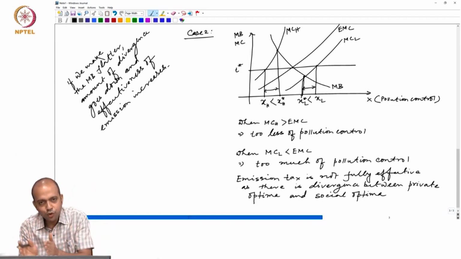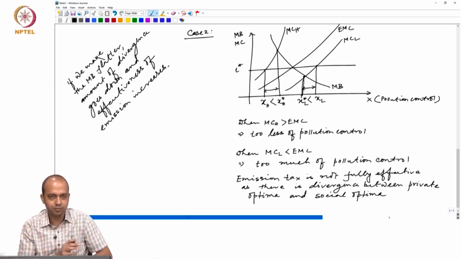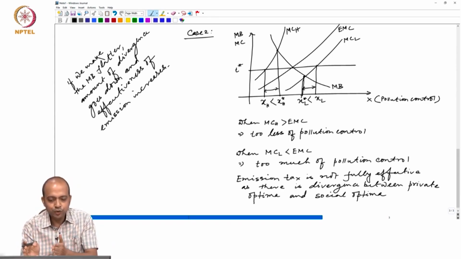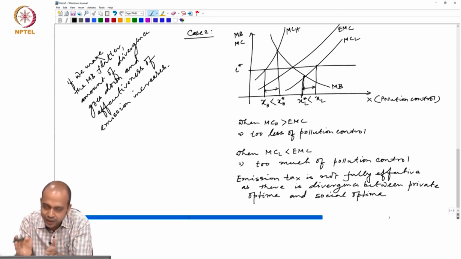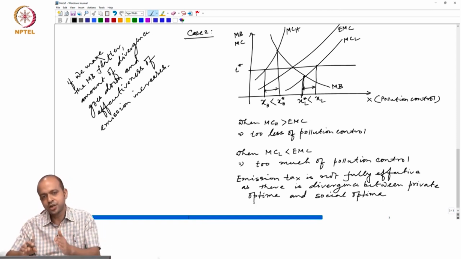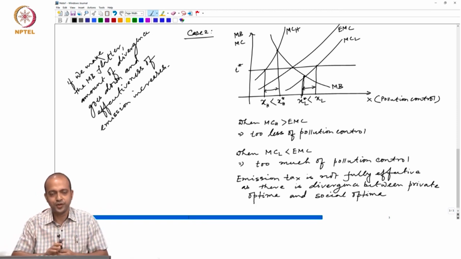And if you keep on rotating this MB curve clockwise, then what will happen? At the extreme case, it will again become a flat straight line, and the emission tax rate will again become fully effective.